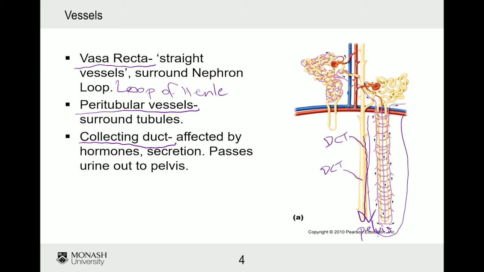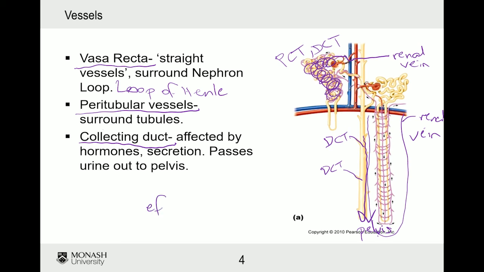Then we have the peritubular capillaries. Now these are a lot more, well, convoluted, and they go around the proximal convoluted tubule and the distal convoluted tubule. And they circle around and go eventually to the renal vein, as do the vasa recta. But where do they come from? Both of them come from the efferent arteriole.